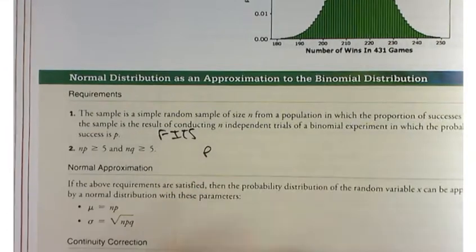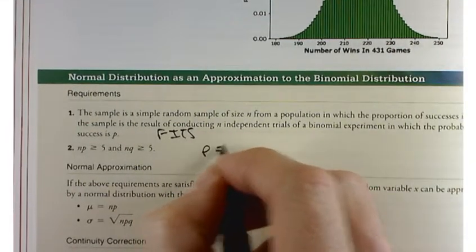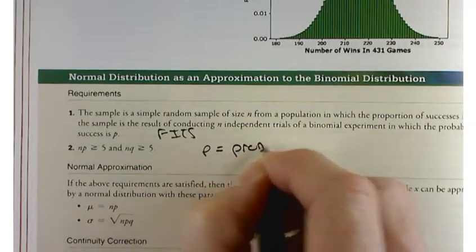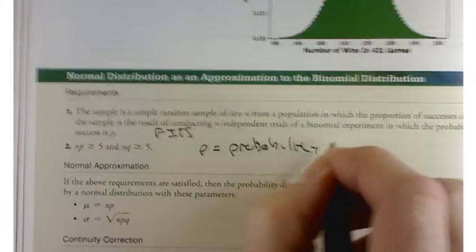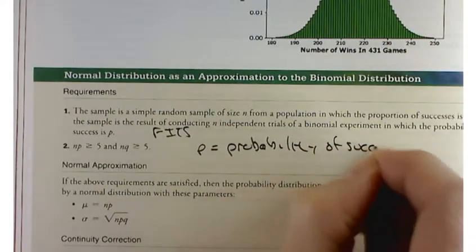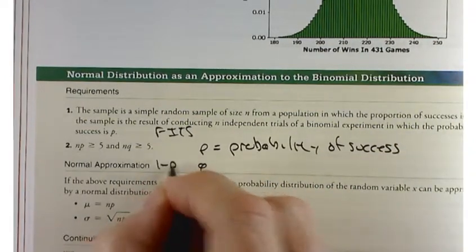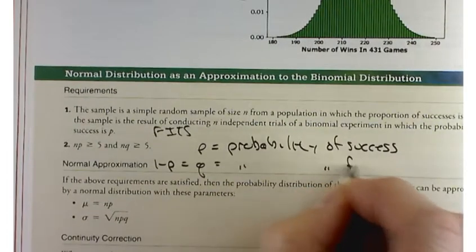Do you remember from our work with the binomial distribution what p represents? Yeah, it's the probability of success. And then q is really 1 minus p, the probability of failure.